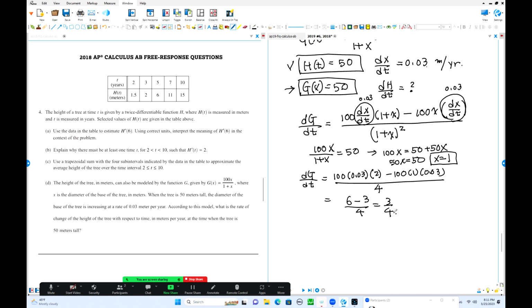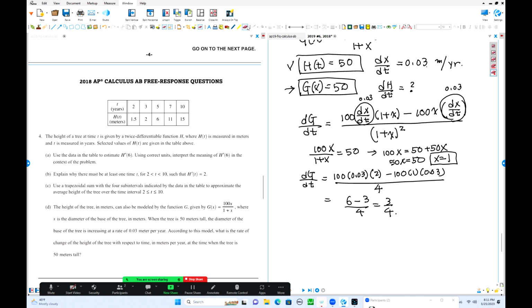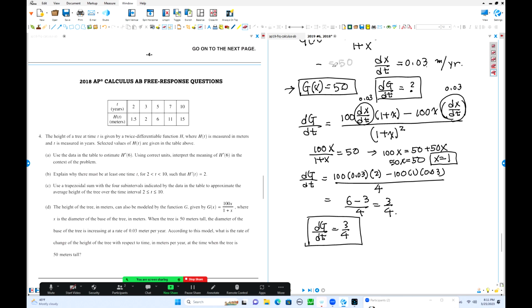So dg dt. Okay, this number signifies the height, dg dt, okay? Not dh dt. That signified dg dt. So dg dt is over here, 3 over 4, right? So dg dt equals 3 over 4, okay? But we have a totally different equation, okay?